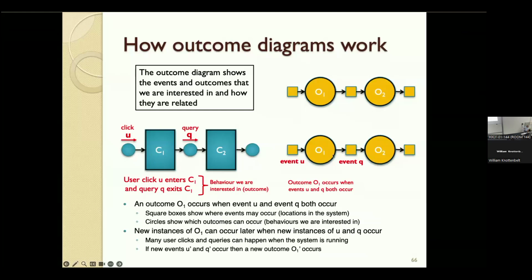So this outcome corresponds to a class of possible event pairs, when event U and event Q both occur. So the little squares here are the events and the circle corresponds to the outcomes, okay? So whenever there's an actual packet coming into the system, for example, that's an event, and a packet leaving would be another event. So if you have many packets, then you would have many instances of that outcome.